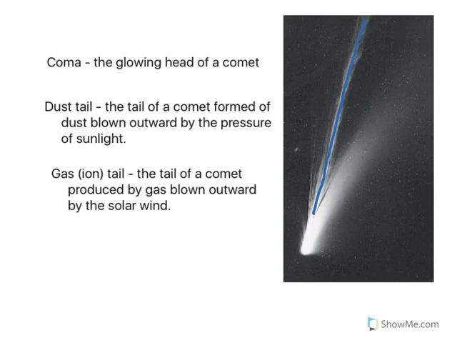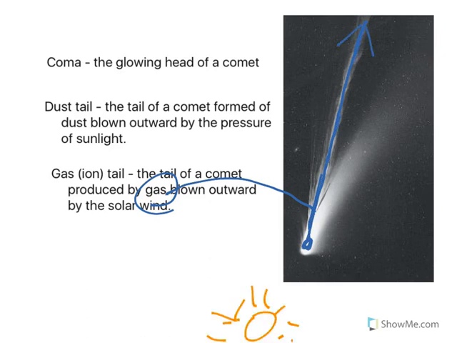The gas tail, otherwise known as the ion tail, is the tail of a comet produced by gas blown outward by the solar wind. So this gas they're talking about here is the gas that's coming from the comet. So it's produced in the comet and is being pushed outward in this straight tail. Now we know the sun is located over here, and the sun puts out this solar wind.